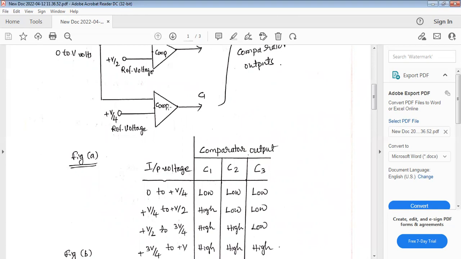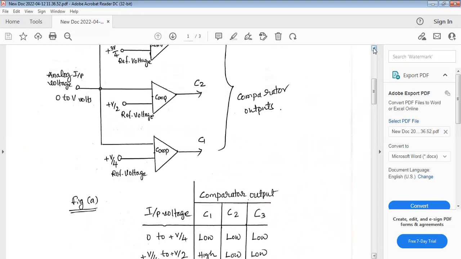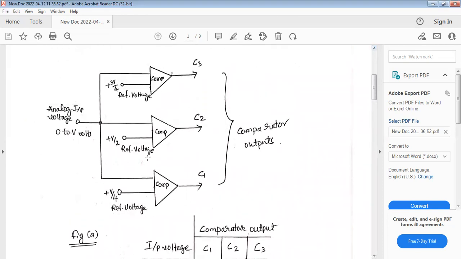And if all the comparators are in the on position, this analog input voltage should be greater than plus 3V by 4. Then only do all three comparators go high.